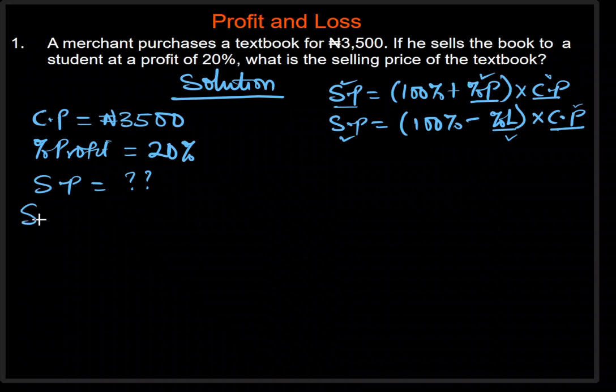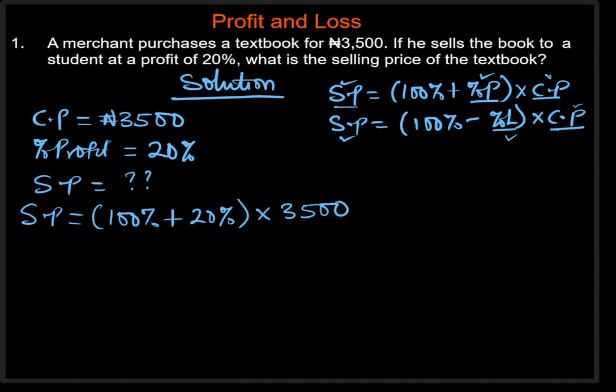So our selling price is equal to 100% plus our percentage profit, which is 20%, then times our cost price, 3,500. So our selling price is equal to 120% of 3,500.